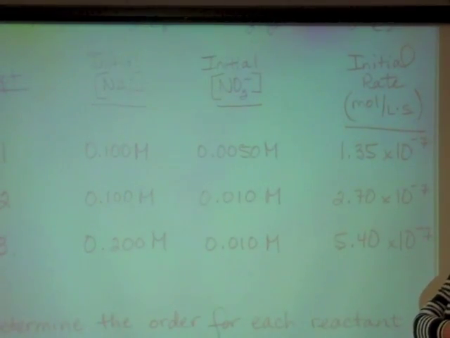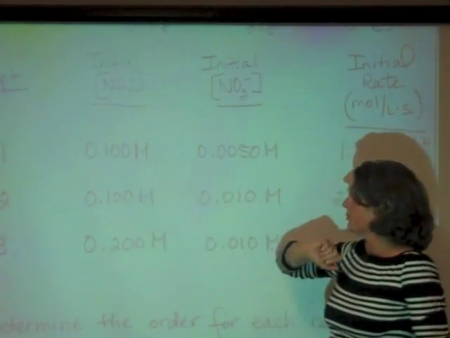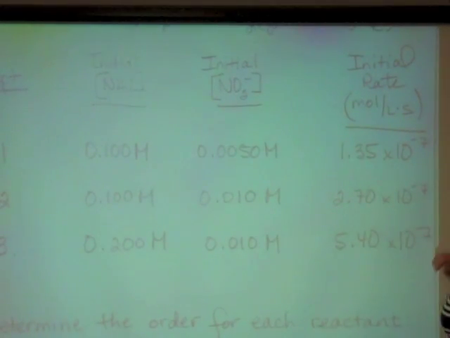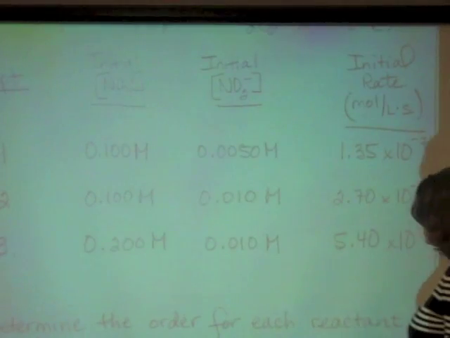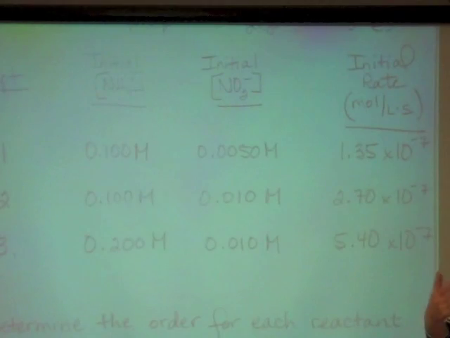Here we've got the initial concentrations of ammonium in 3 different experiments, the initial concentrations of nitrite, and then the initial rate in moles per liter second. As soon as the reaction starts, they measure the rate of the reaction. This is one set of data that you might be given and then asked to find the rate law for this reaction and other things like I have listed at the bottom.